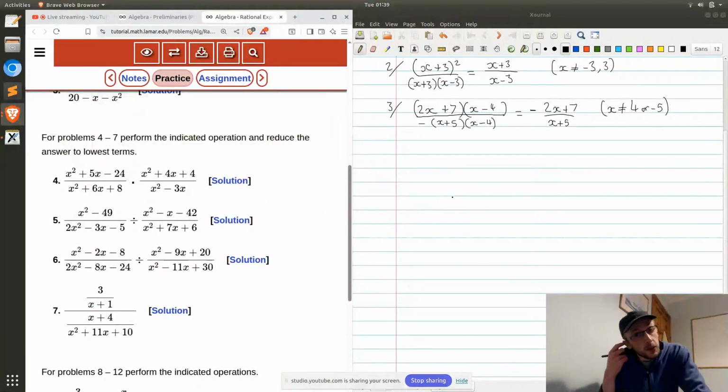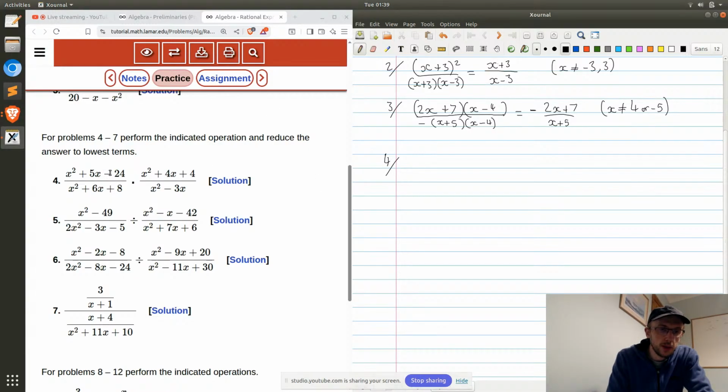Perform the indicated operation and reduce the answer to the lowest terms. All right. What I'm going to do is factorize.